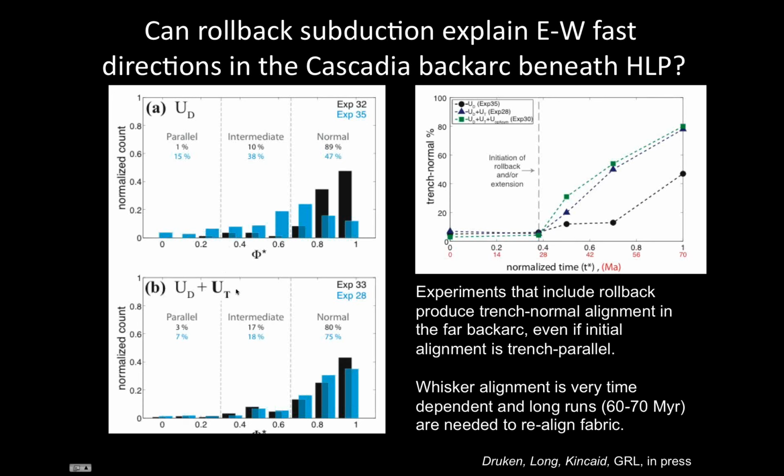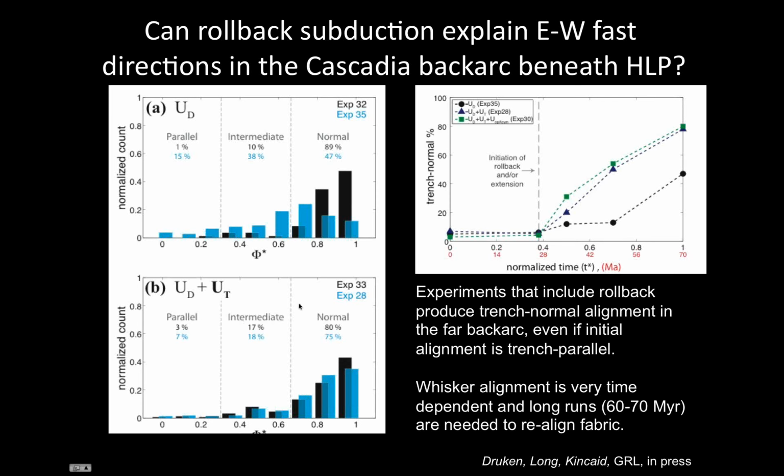However, for the set of experiments where there's a significant component of trench rollback, now the flow field does a much better job of aligning those whiskers in the far back arc to a trench normal direction. So here, even for the case where you started out with all of your whiskers parallel to the trench, by the end of the experiment, 75% of them are aligned in this trench normal direction.